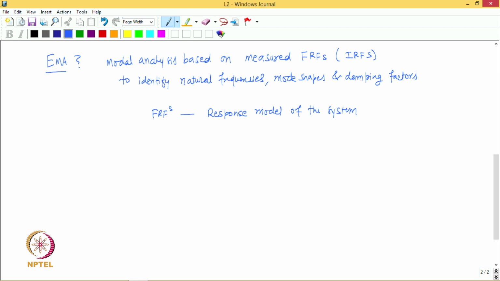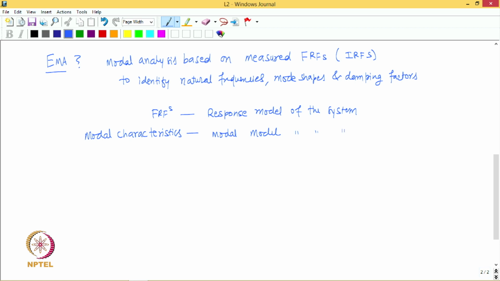And the identification which is done to obtain the natural frequencies, mode shapes and damping factors, these identified characteristics are called modal characteristics, and together they also form a description of the system, and that description is called the modal model of the system, right. So, modal characteristics form a description referred to as the model of the system.